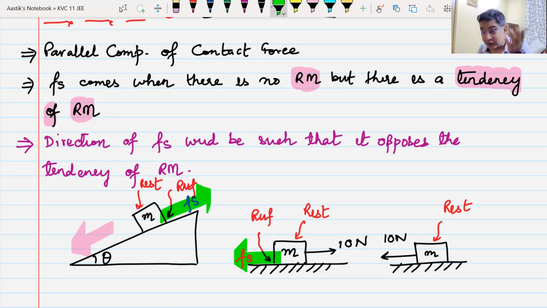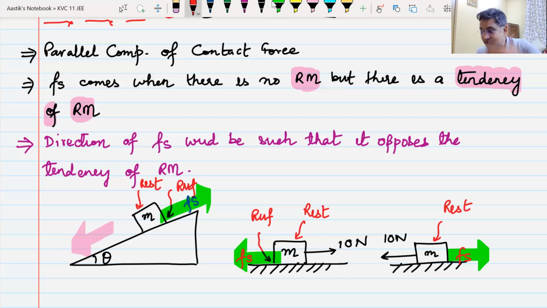See, static friction, I told you, is smarter than us. We can't see that the body wants to move left, but static friction quickly changes direction and comes on the left side. We don't understand where this body wants to move. Static friction knows it. So let's be at least as smart as static friction.